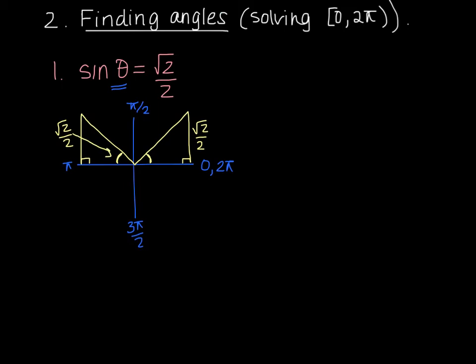Opposite of square root of 2 over 2 is always a 45-degree angle. So these are both 45-degree angles, in other words my pi over 4 reference triangles. This one is pi over 4 because I just rotate straight up to it. And the other one, I go around to it.